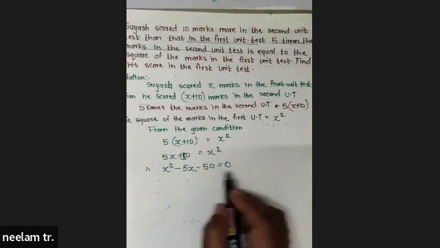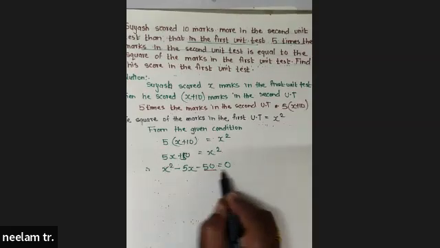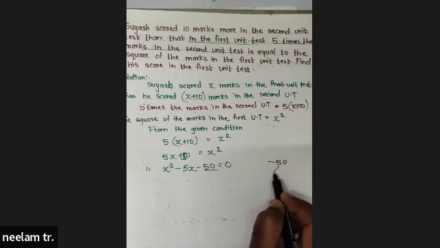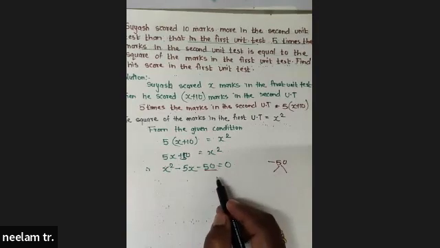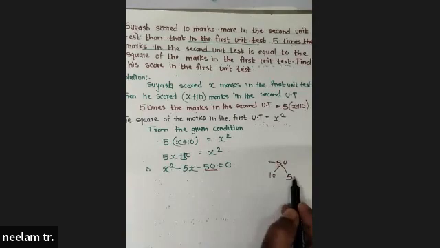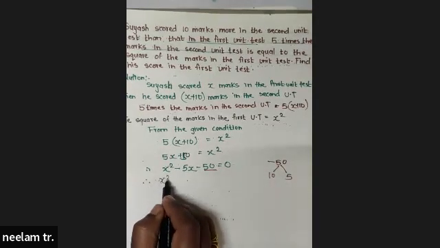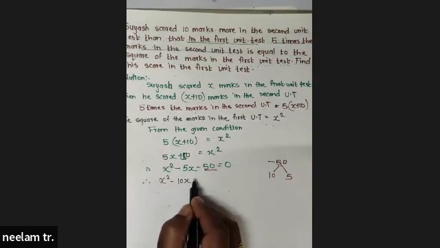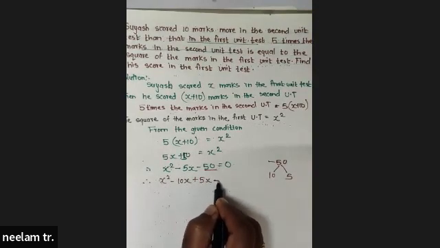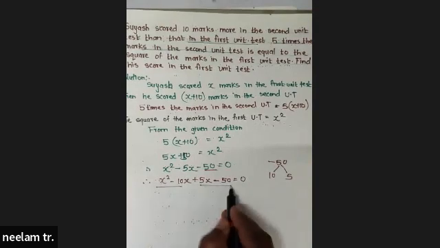Now you need to take out the factor of this. Minus 50 is factor which will give you 5. You will say, ma'am, 10 5s are. I'll say yes, 10 minus 5, 5. So solve it: x square minus 10x plus 5x minus 50 is equal to 0. From here onward, it is very easy.